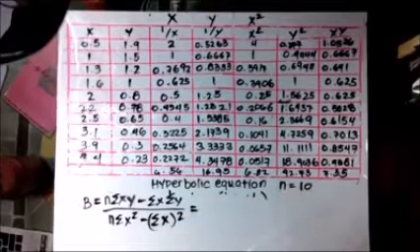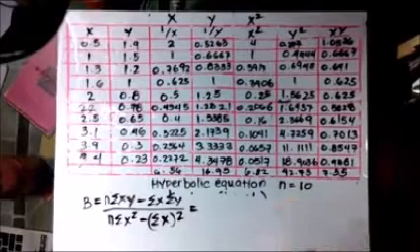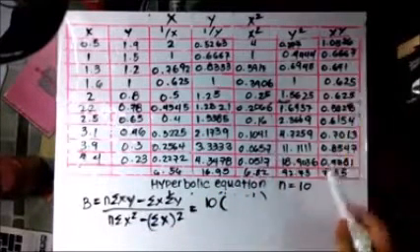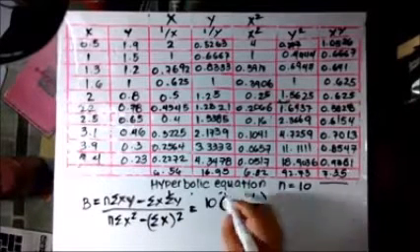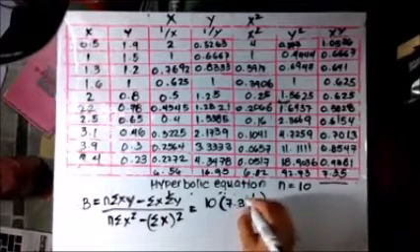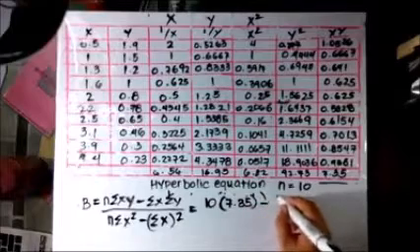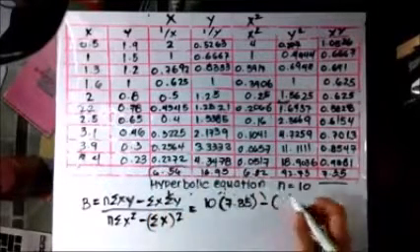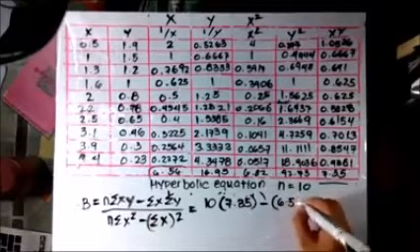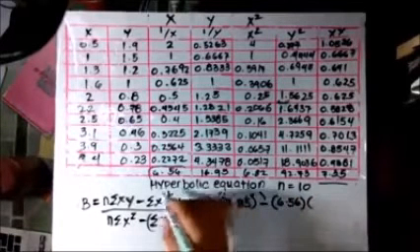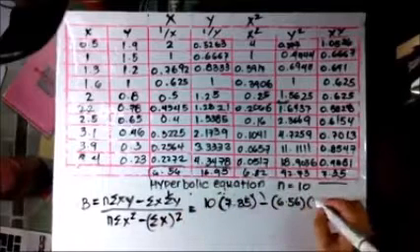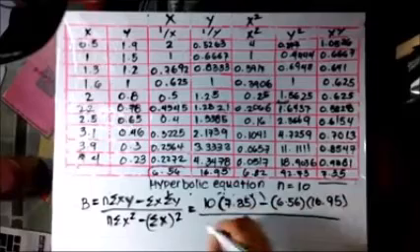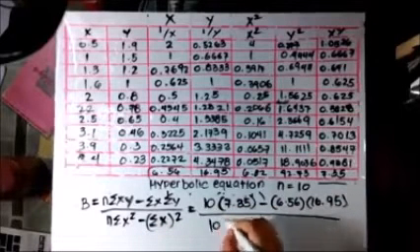Then substituting the values, since our value of n is equal to 10, summation of x times y is 7.35, minus summation of x, which is equal to 6.56, then summation of y, which is equal to 16.95, all over n, which is 10.